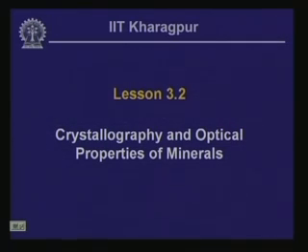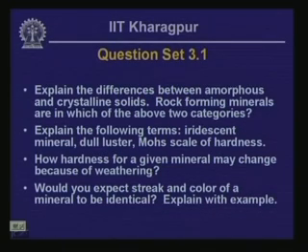As usual, we are going to begin with a discussion of the previous lesson's question set. The first question that I asked last time when we met was for an explanation of the differences between amorphous and crystalline solids.